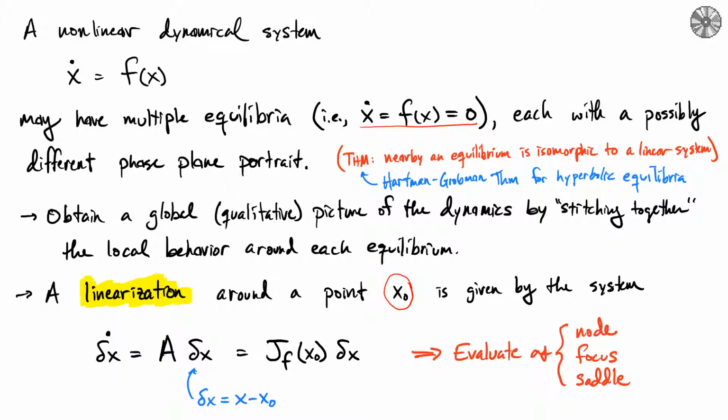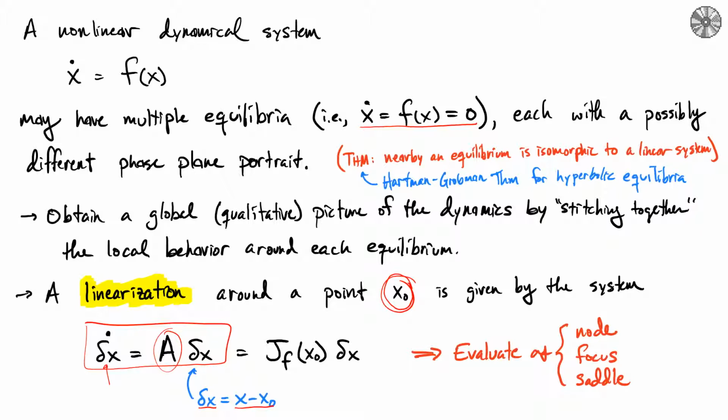Linearization means let's write the nonlinear system as a linear system. The way we do that is we define the state perturbation delta x, which is simply a small amount away from the point x0. So x0 is kind of the center, and we're looking at the neighborhood around that center. We can rewrite the dynamics of that perturbation: how the perturbation changes in time is given by a matrix A times that perturbation.